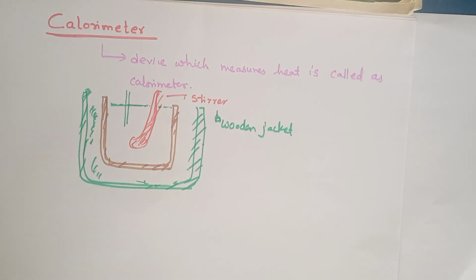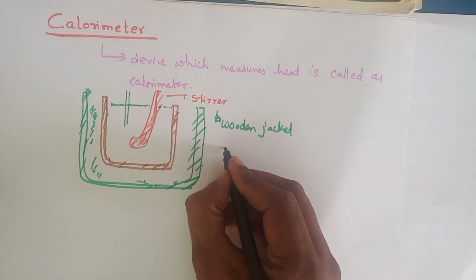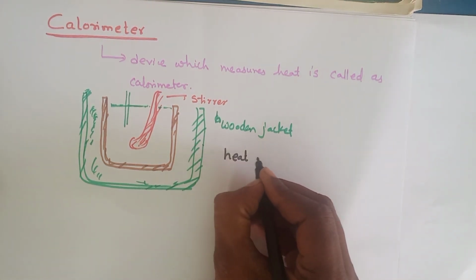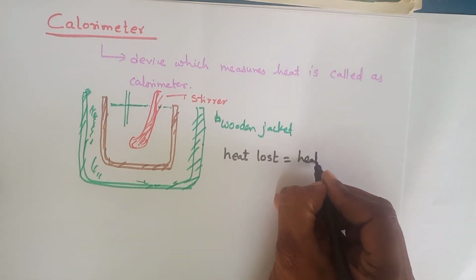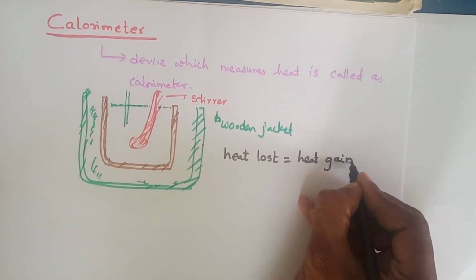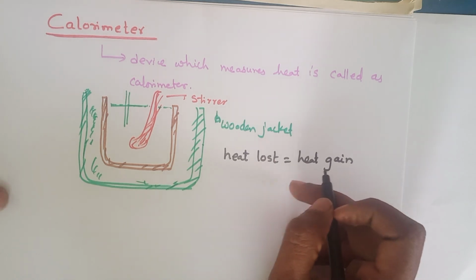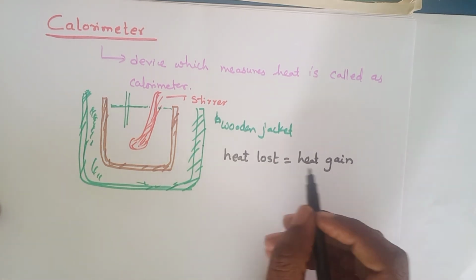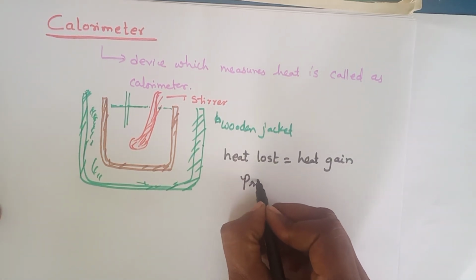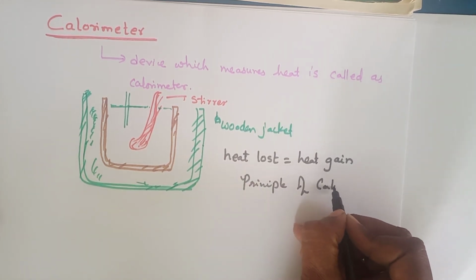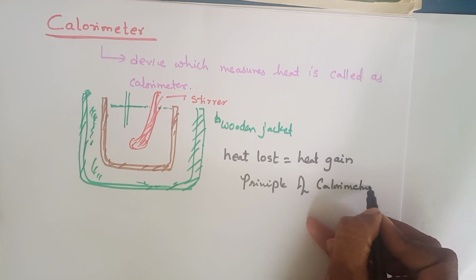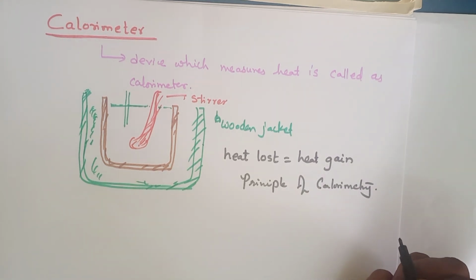Now, this simple principle is that heat lost is equal to heat gain. The amount of energy lost is equal to the amount of energy gained. This is called the principle of calorimetry.